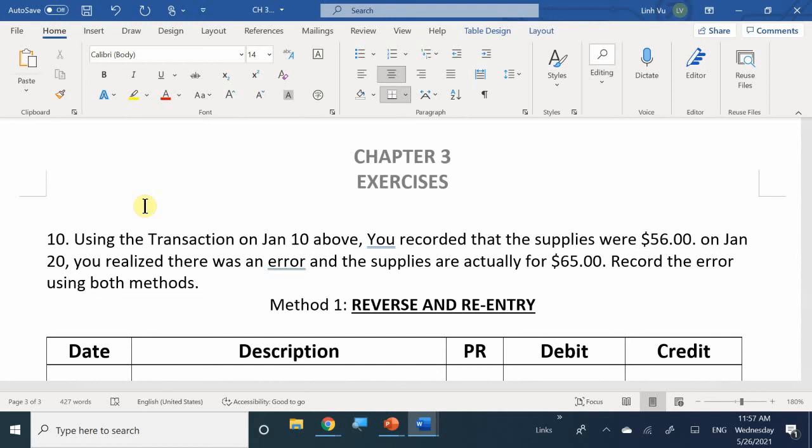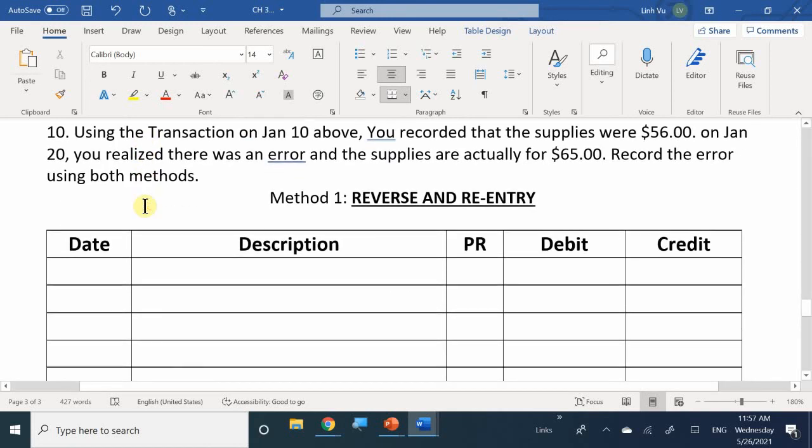So here the first one is going to be doing the reverse and re-entry, okay? So in our previous journal, we recognized that the office supplies were for $56. But here, now it's January 20th, right? We realized that we made a mistake. So how are we going to use the reverse and re-entry?